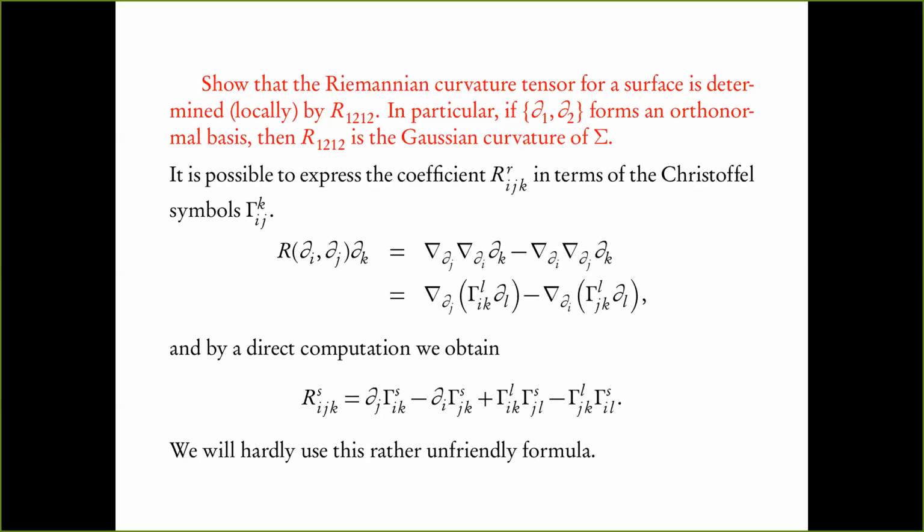So, okay, having mentioned this formula, let's move on to something which is of more relevance for us. The first exercise for you, and this is something that you should do just to satisfy your own conscience, is that Rijkl is identically 0 for Rn with the Euclidean metric.